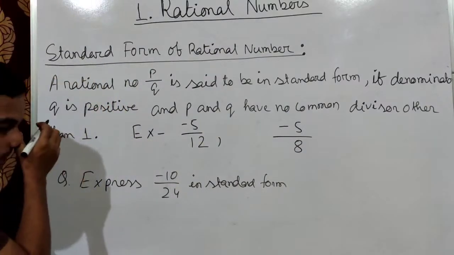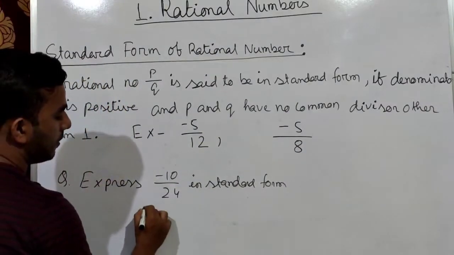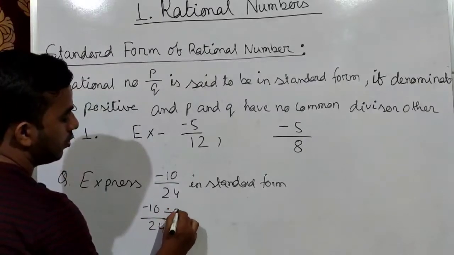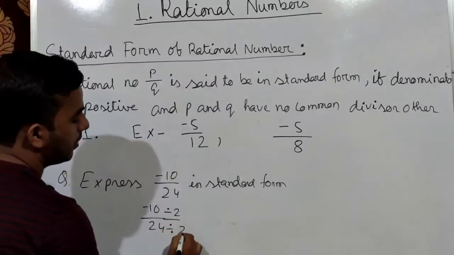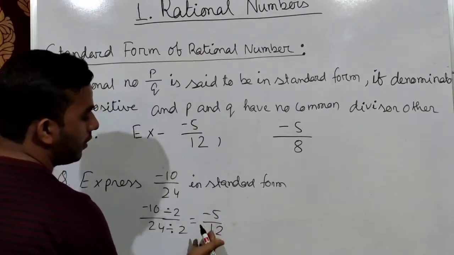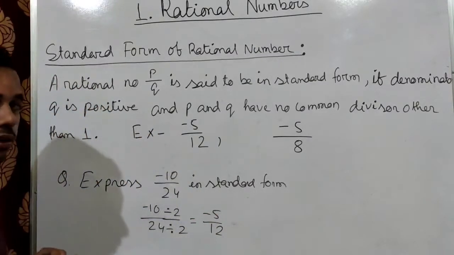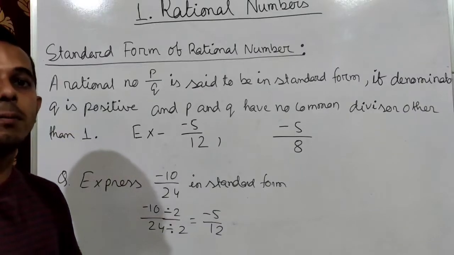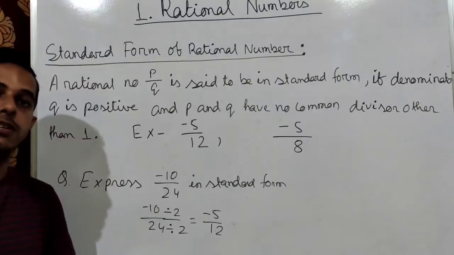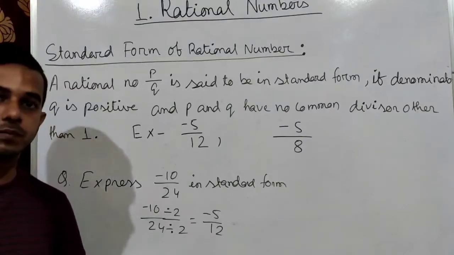So how will we solve? We will solve like this. It is -10/24 divided by 2, here also divided by 2, equals -5/12. So -5/12 is our standard form of the rational number. I hope this is clear to you, right? Okay. So now let us move to our next topic.